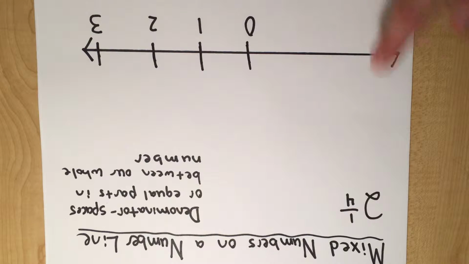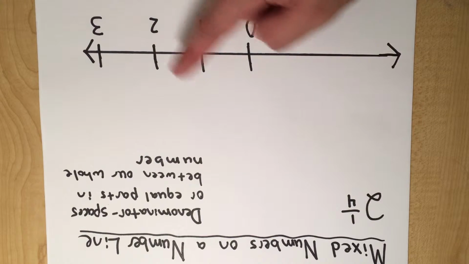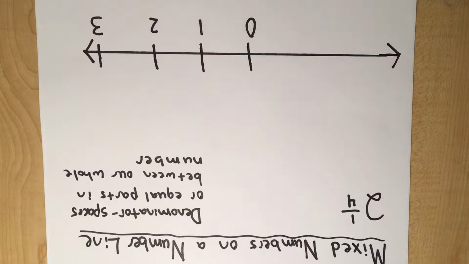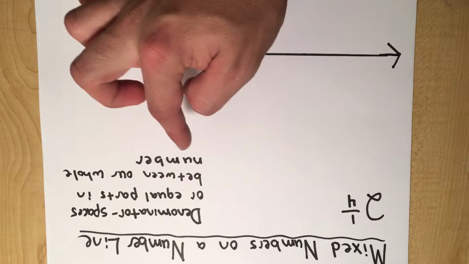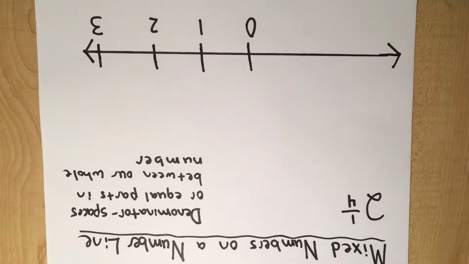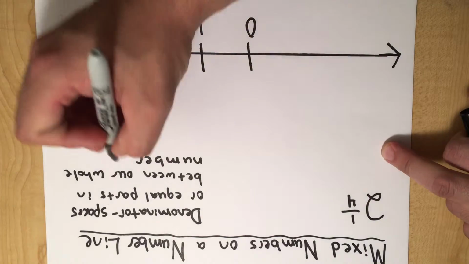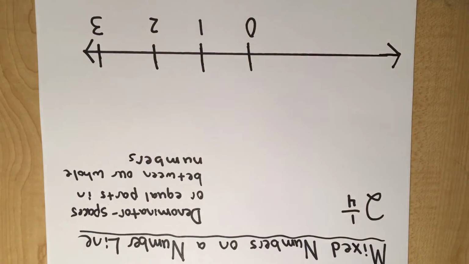So here we have 2 1/4, and we have to put 2 1/4 on a number line. Now from the previous video, I showed you guys that the denominator of a fraction will tell you how many equal parts, or how many spaces, there should be between our whole numbers, okay? So we're going to look at the denominator of this fraction here.